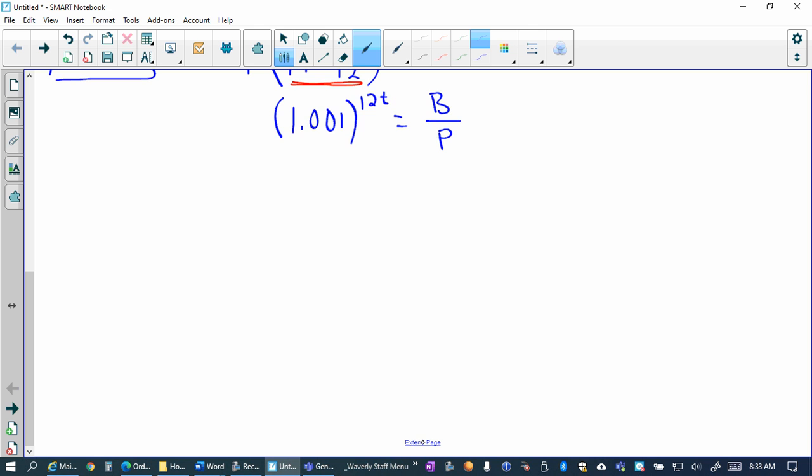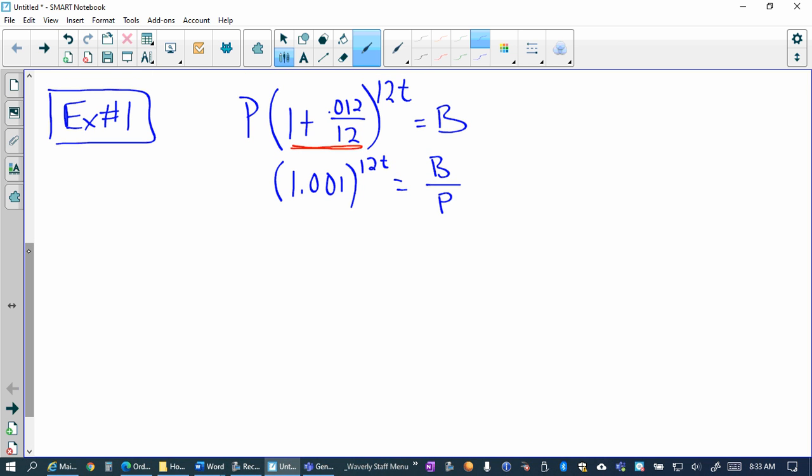Okay. And now that we've cleaned this up, we can go ahead and take the logarithm of both sides, and we'll do the version where we use the log of the same base. So the base of this exponential function here is 1.001. So one of our methods will use a log of that very same base on both sides.